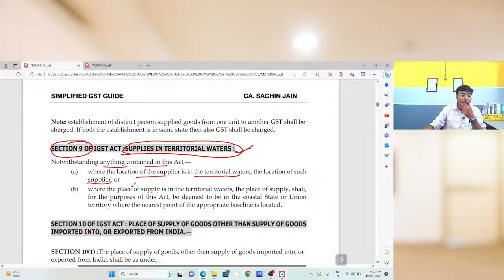Now, where the place of supply is in territorial water, the place of supply shall for the purpose of this Act be deemed to be the coastal state or union territory where the nearest point of the appropriate baseline is located.